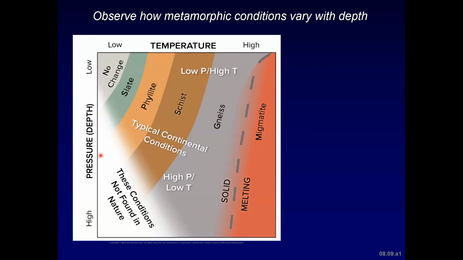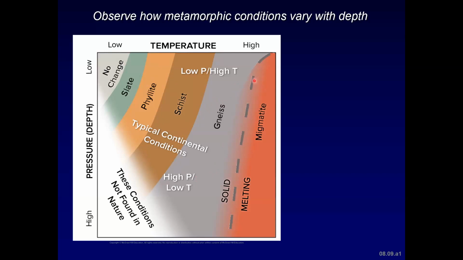Down here is all theoretical. These conditions are not found in nature. So under low pressure, low temperature, there's not going to be any change in the shale. But with an increase in both of those things, we get slate, and then something called phyllite, and then schist, and then gneiss.